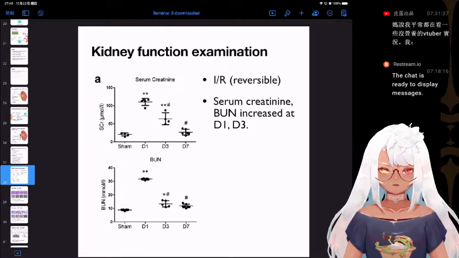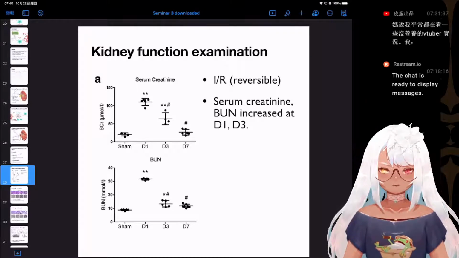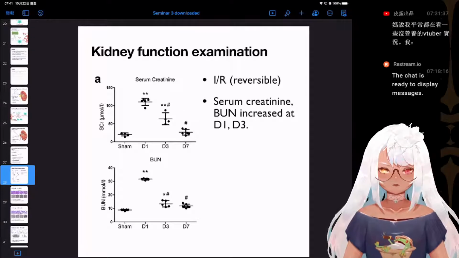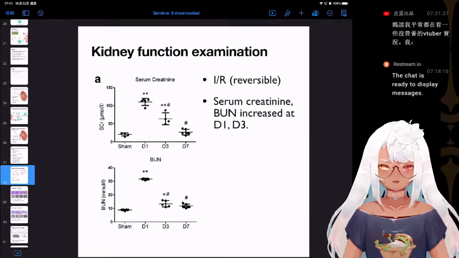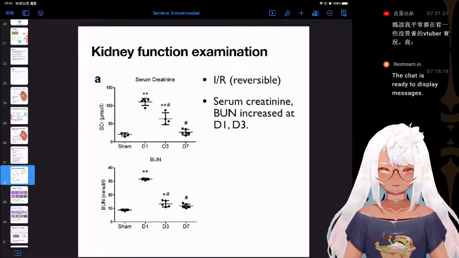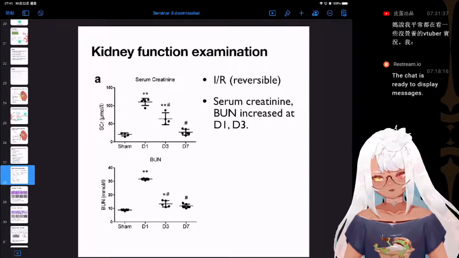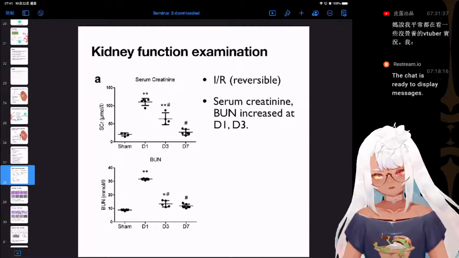As you can see in figure A, the y-axis is the level of these molecules, and the x-axis is the samples: sham, day 1, day 3, and day 7. It's pretty obvious that there is a significant increase in the level of these two molecules, serum creatinine and BUN, especially at day 1 and day 3.